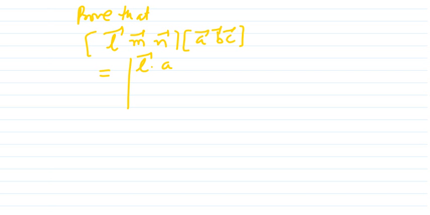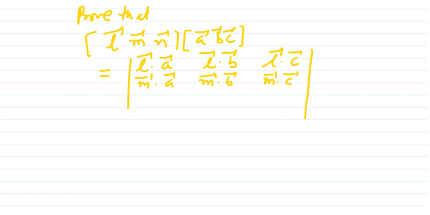The first row is L dot A, then L dot B, L dot C, then M dot A, M dot B, M dot C, then N dot A, N dot B, and N dot C. Okay. We have to prove this result.